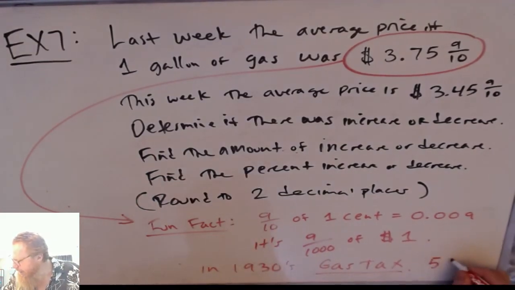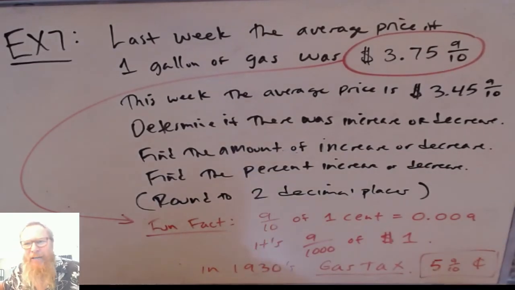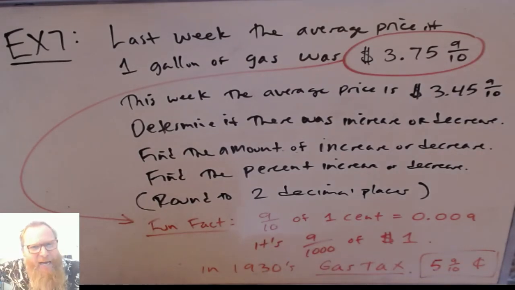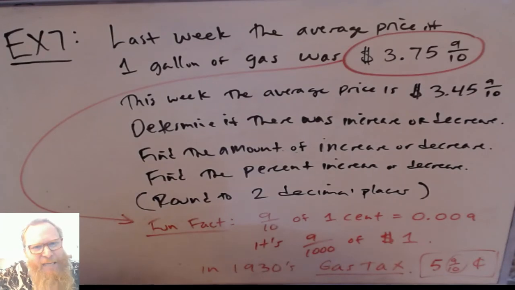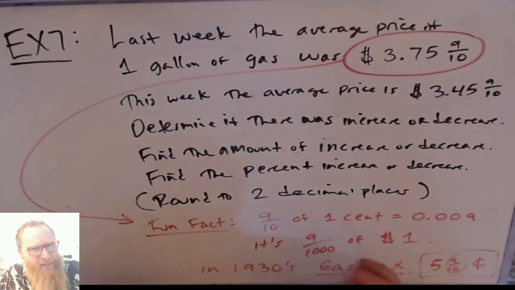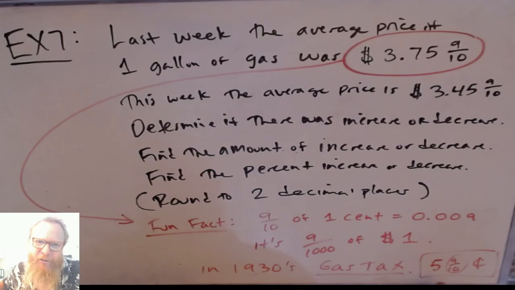They would say 5 9/10 cents, and this is cents, not dollars. They would put it on the sign that gas was 5 9/10 cents. The 9/10 was to pay that extra gas tax, without really letting the person know that they were actually paying 6 cents a gallon, because this looks like 5 cents when it's actually 6 cents.